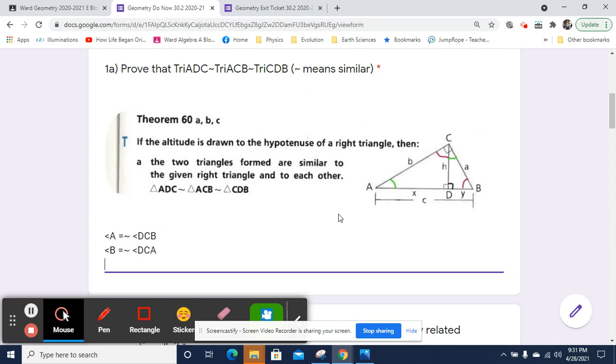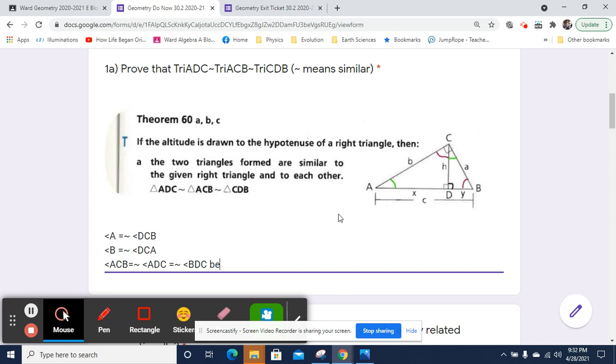And then finally, we can say that the following angles are congruent: angle ACB is congruent to angle ADC, which is congruent to angle BDC. Okay, and all of those are congruent.